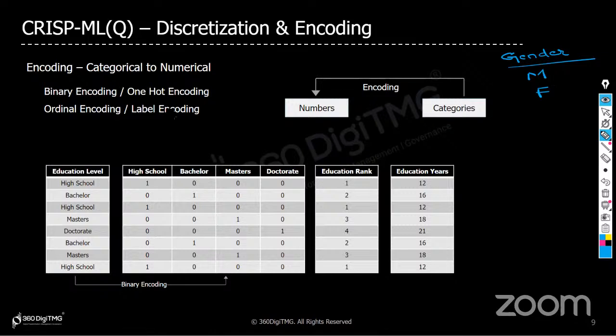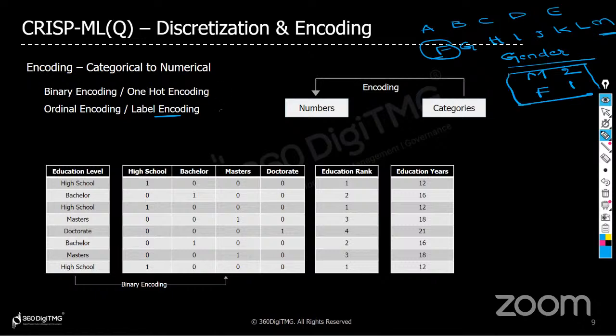In case of label encoding, what happens is, it will be checking in alphabetical manner. A, B, C, D, E, F, G, H, I, J, K, L, M. When you see M and F, F is coming before, so this is taken as 1, this is taken as 2. This is label encoding.